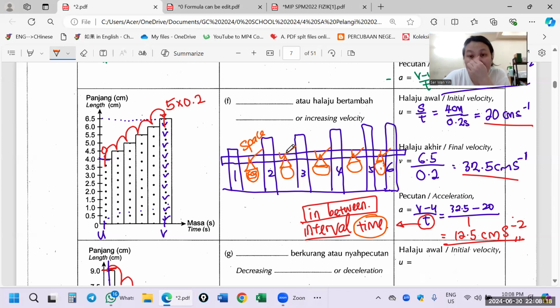So this is U, this is V, and the time interval is actually 5. Every time it jumps, it's 10 ticks. One tick is 0.02 seconds, so 10 ticks is 0.2 seconds. So actually it's 5 times 0.2 seconds.